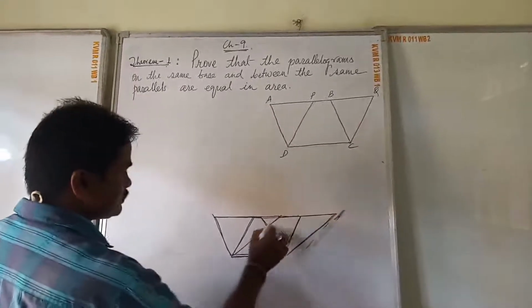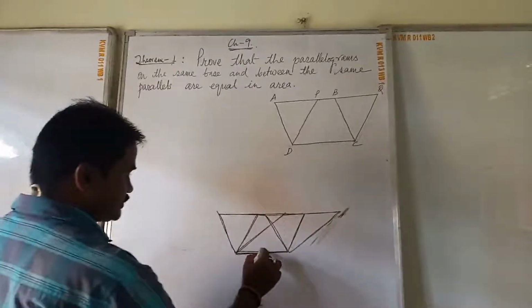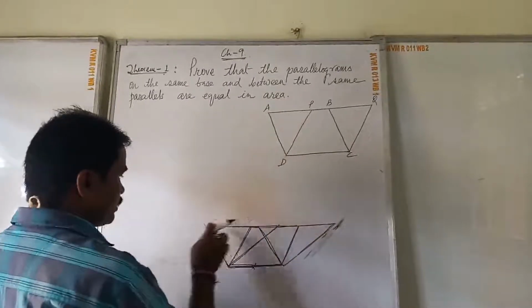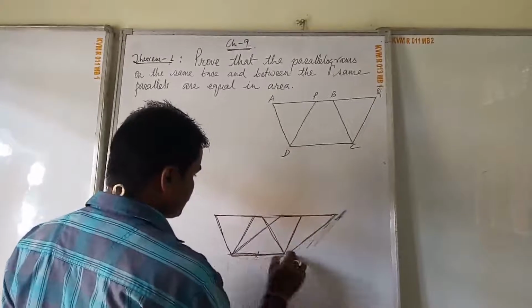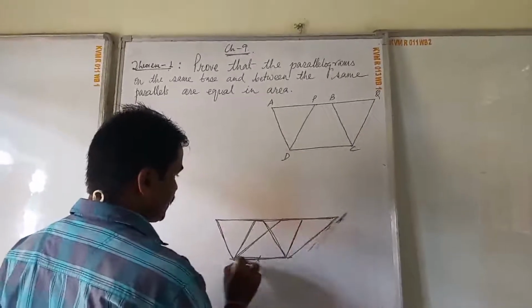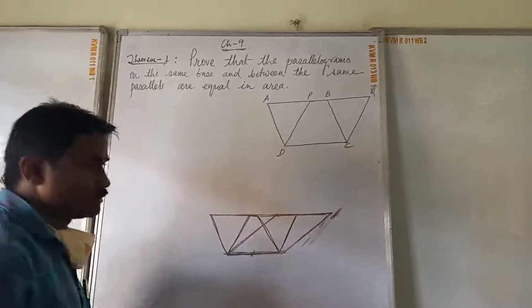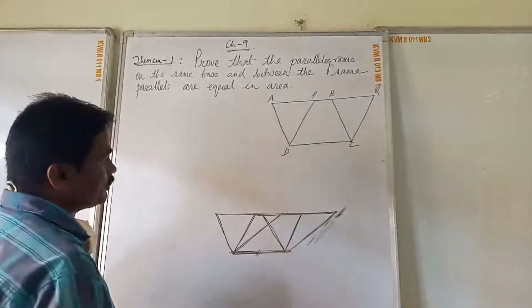So if there is a common base for however many parallelograms you can take here, and they lie between the same parallel lines, these are parallel lines, then the parallelograms are equal in area. That we have to prove here.